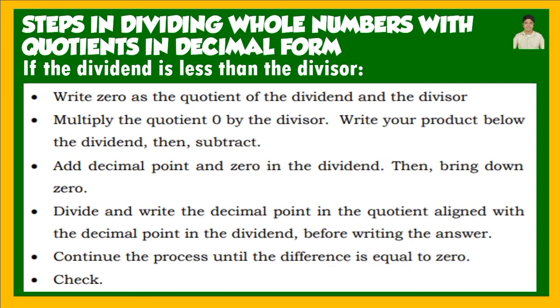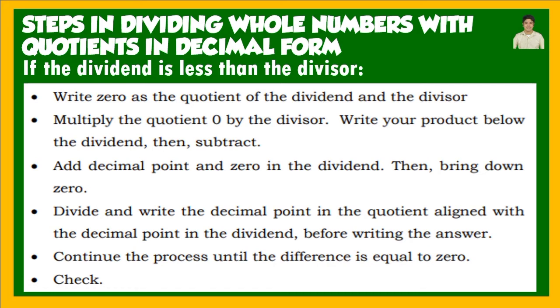And then multiply the quotient 0 by the divisor. Write your product below the dividend, then subtract. So since 0 ang isusulat natin, i-multiply natin dun sa divisor, 0 pa rin po ang makukuha natin. And then kapag sinulat natin yung product, isusubtract natin, yung pa rin pong dividend ang makukuha nating sagot.